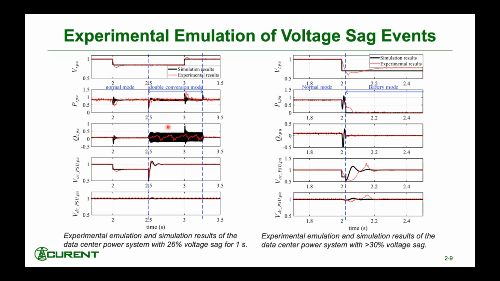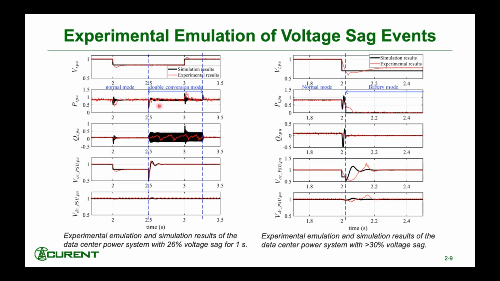So the first one is a voltage sag event when a 25% voltage drop happens. So the data center actually operates from the normal eco mode to the double conversion mode. And the UPS switches in to carry the heavy server load.